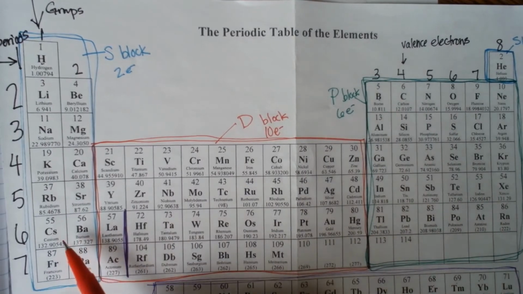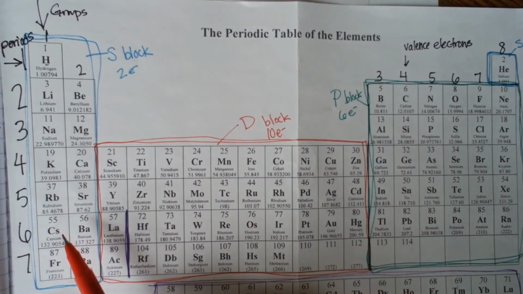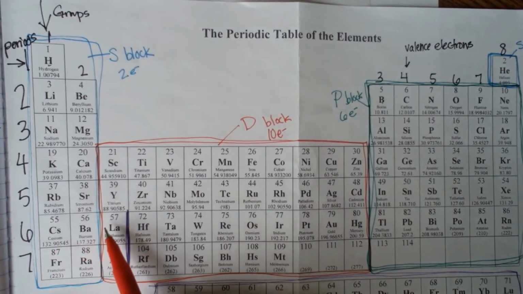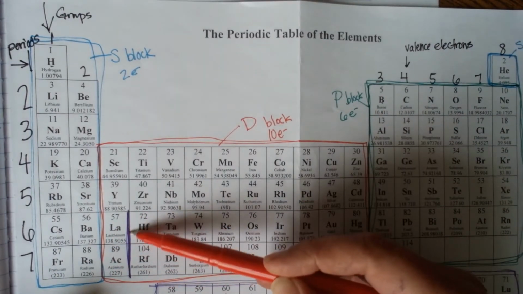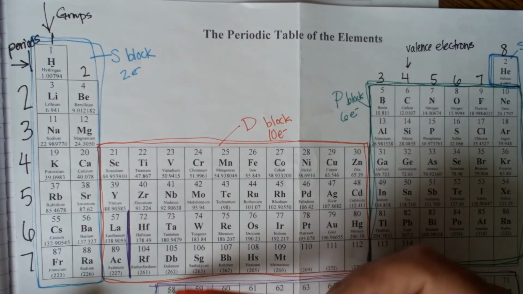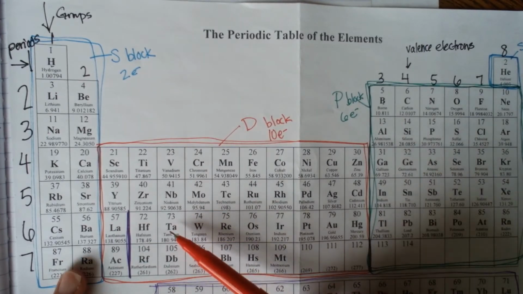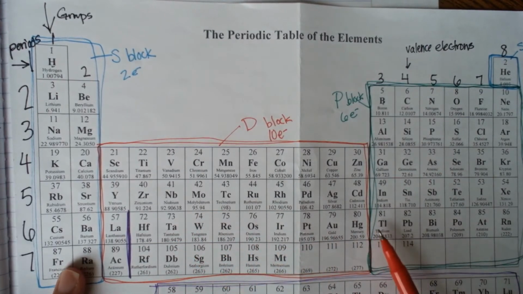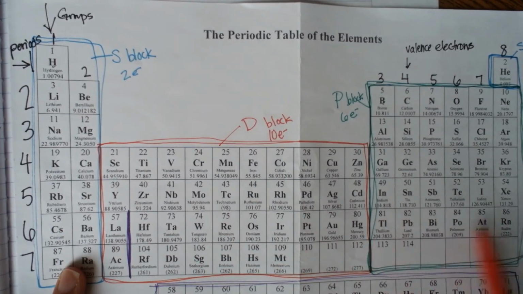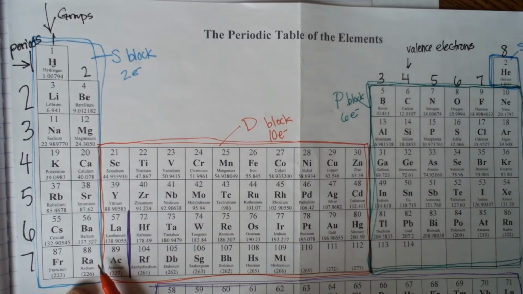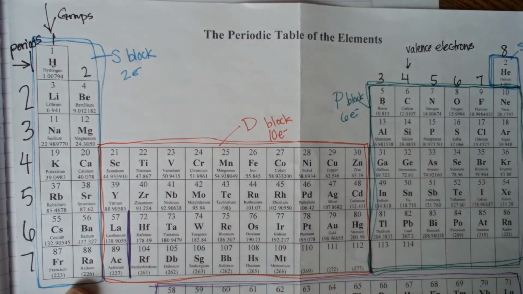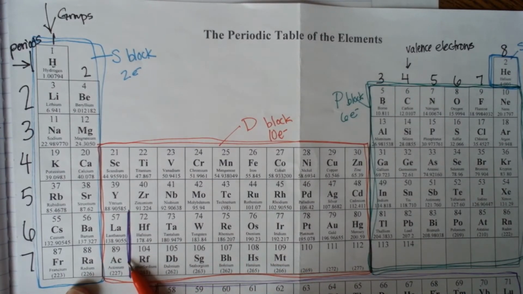Okay, so then we come up here, we have 6s, and then we're going to pull out the 4f right here. This pulls out 4f, 5d, 6p, come back around, 7s, 5f down here where this pulls out.